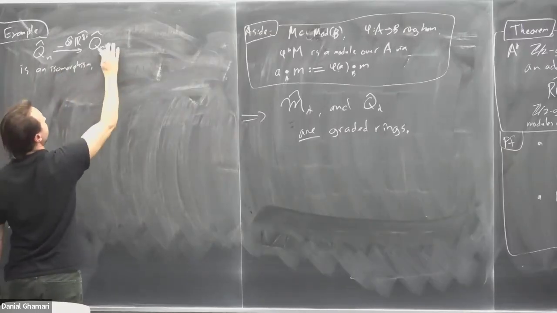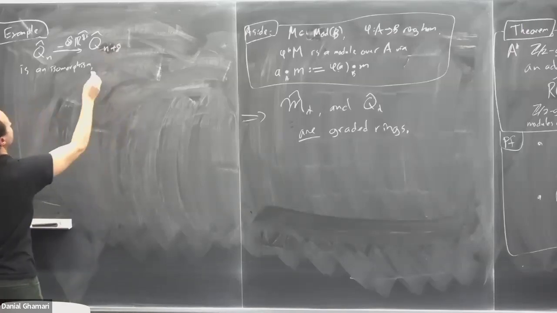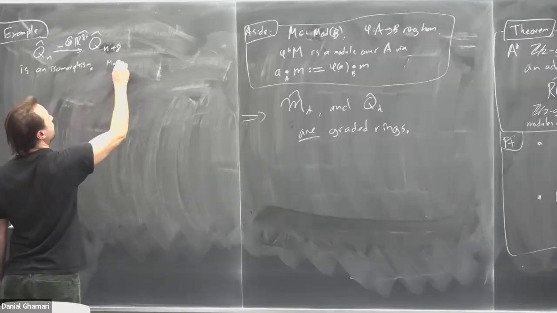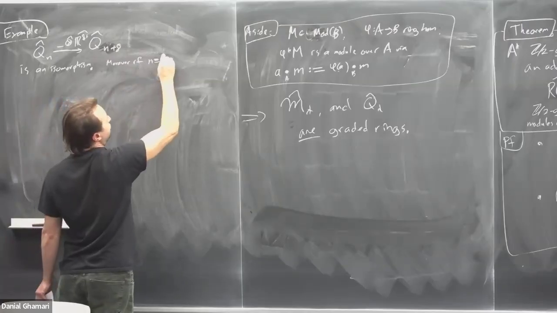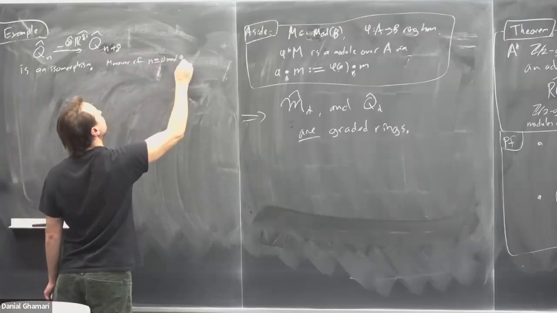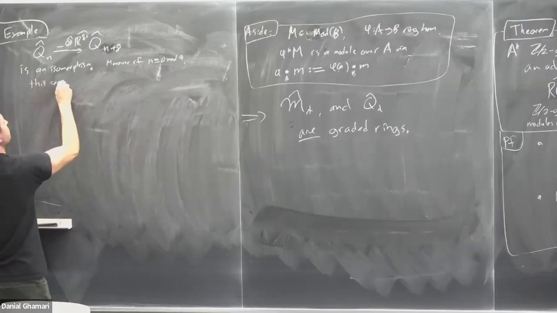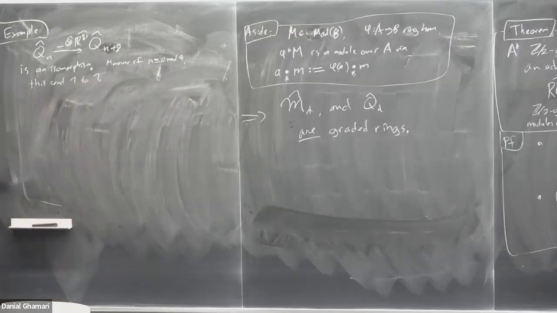Sorry, not n plus 1, n plus 8. Moreover, n is congruent to 0, 1, 4. So this sends 1 to 1, for your favorite chosen generator.